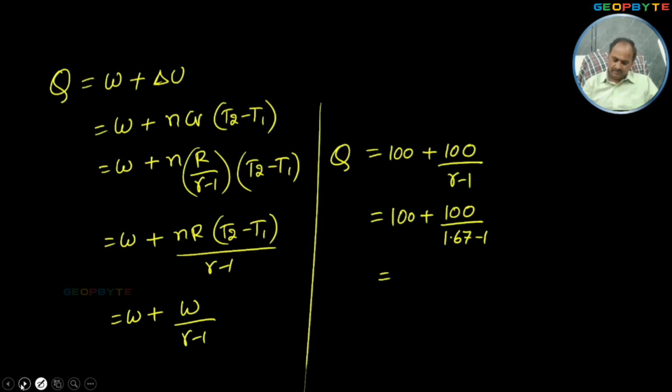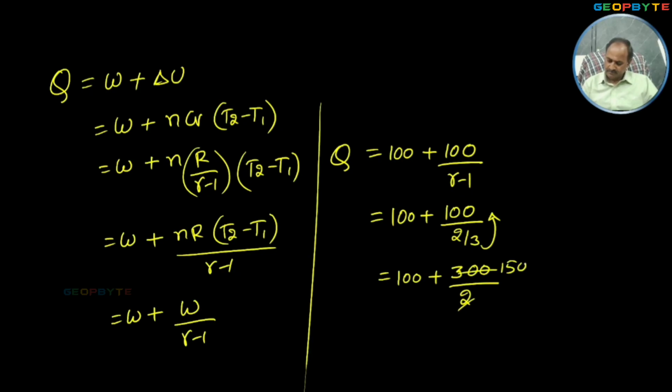In place of gamma minus 1, we can straight away write 2 by 3. Here it is 100 plus 300 divided by 2, because this 3 goes up, which is 150. So 100 plus 150 equal to 250 joules. That is the answer.